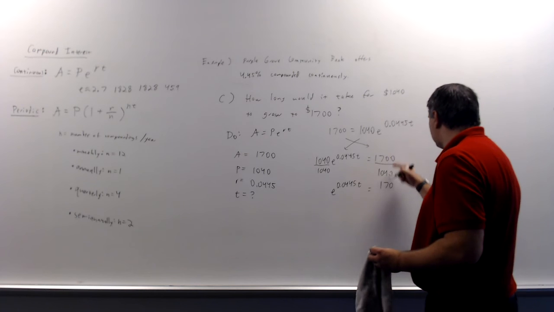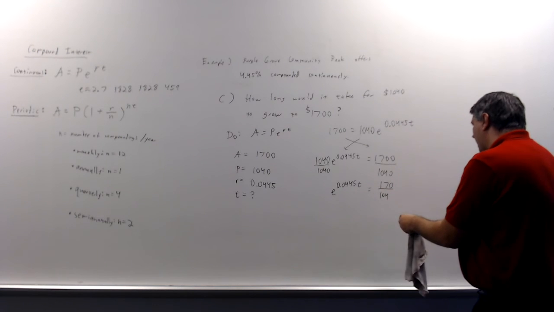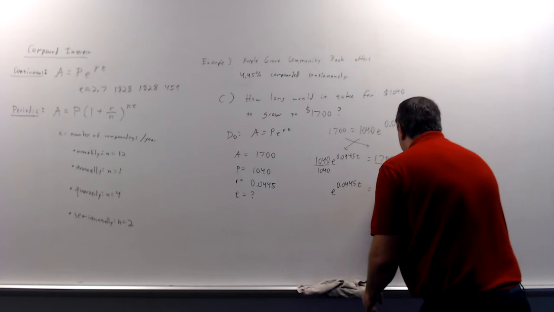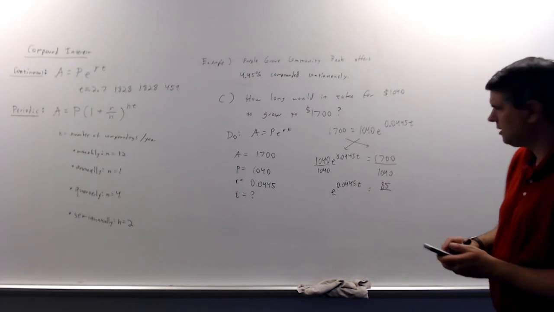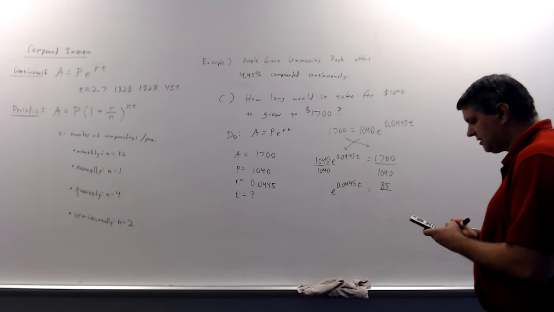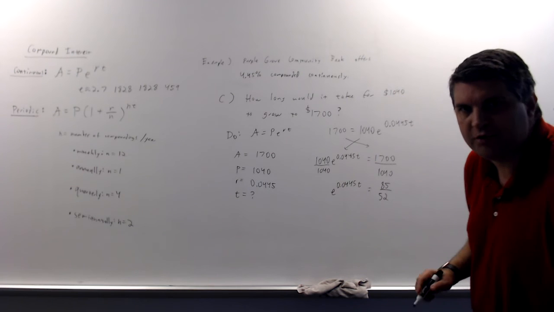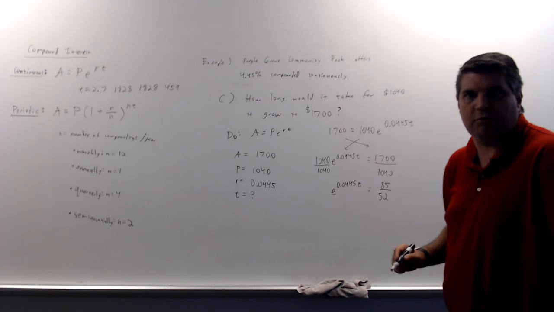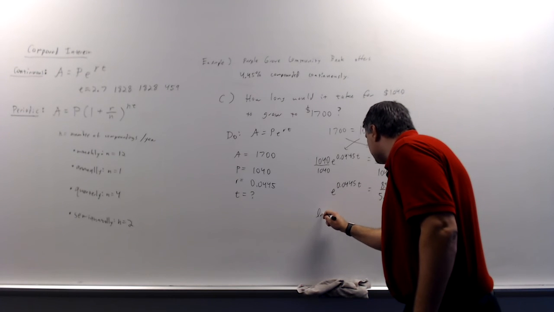I'll truncate those zeros, and then these two are also divisible by 2. So 85 over 52. You don't actually have to reduce if you don't want to, because it'll come out the same in decimal form. All right? So that's base e, so I'm going to use a natural log.